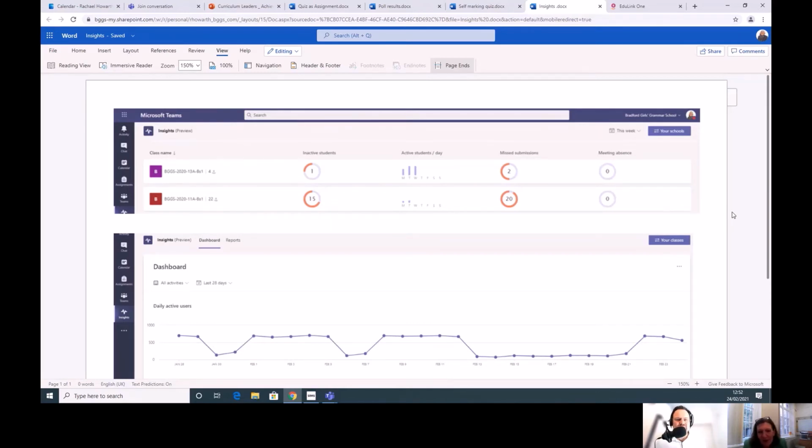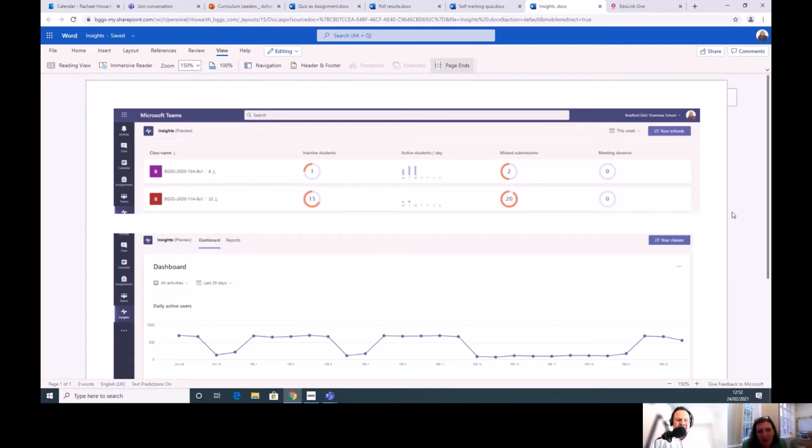What I would say is that the inactive student in my year 13 class is actually Cloud Design Box. It's not one of the students. That's interesting to understand that. But at least it gives you an insight as a teacher as to who hasn't been interacting at all.